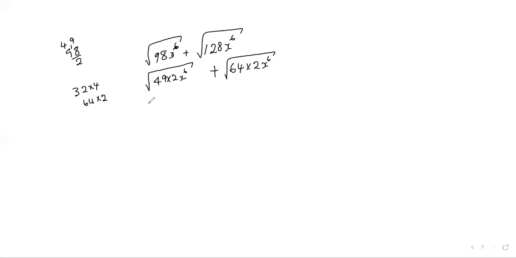If I distribute that, it becomes the square root of 49 multiplied by the square root of 2 multiplied by the square root of x to the power of 6, plus the square root of 64, square root of 2, square root of x to the power of 6.